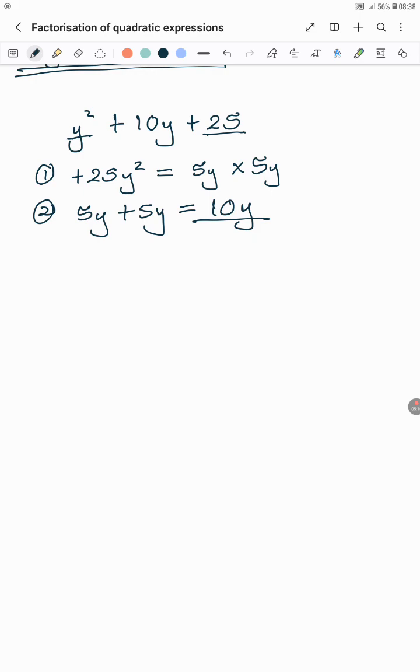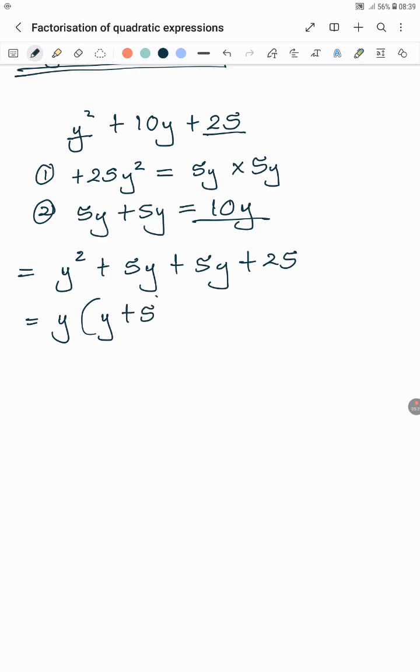So it means at the next stage we substitute the middle term by 5y plus 5y plus 25, and here you take out y, and you're going to have y plus 5, and here you take out 5 because they share 5 as a common factor.